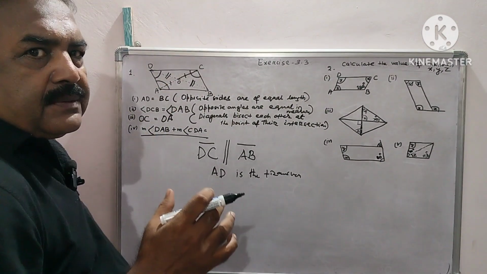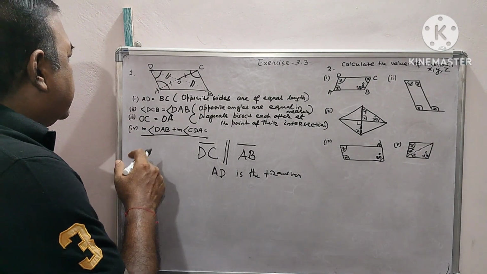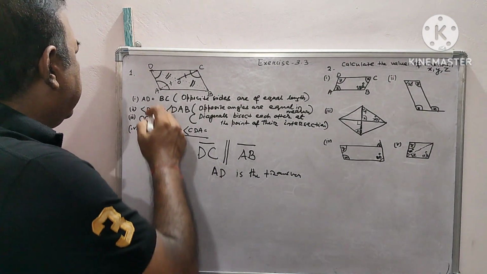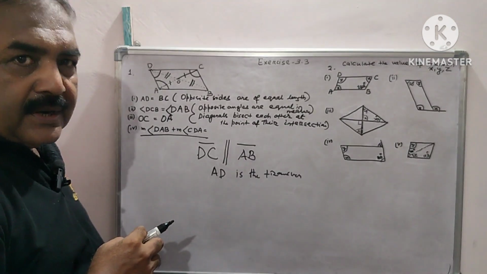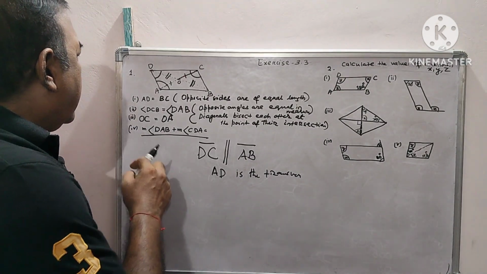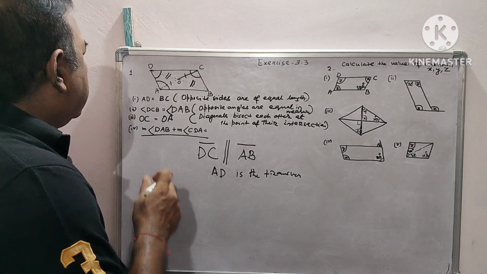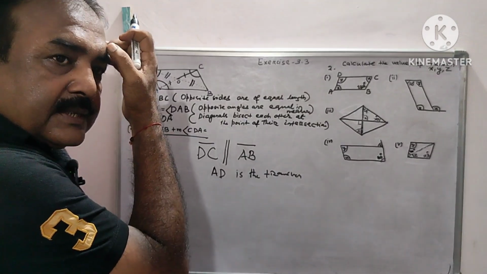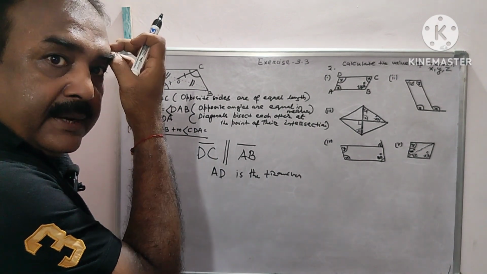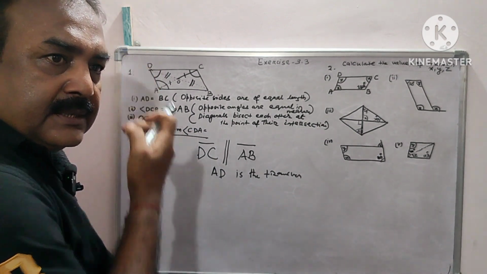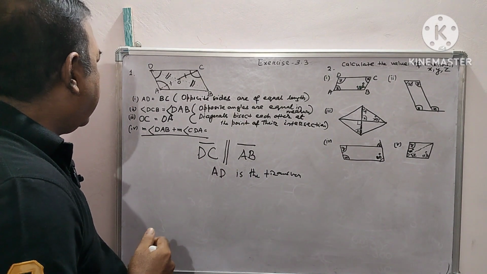Before, we have already studied that the sum of the interior angles on the same side of the transversal is equal to 180 degrees. Or you may say the interior angles on the same side of the transversal are supplementary. That means the sum of their measures is equal to 180 degrees.